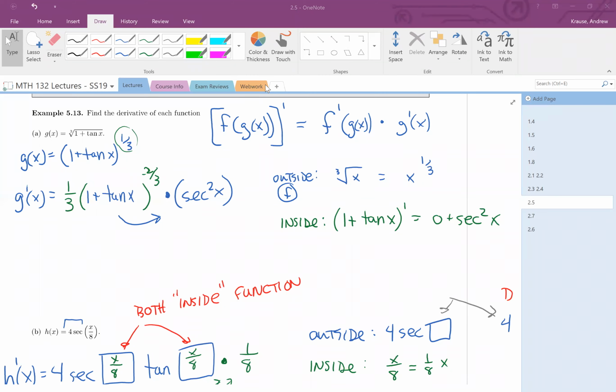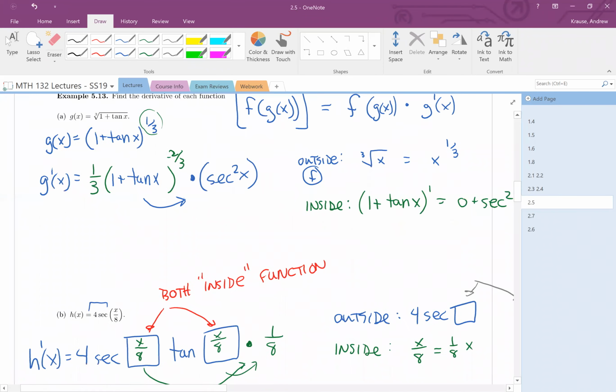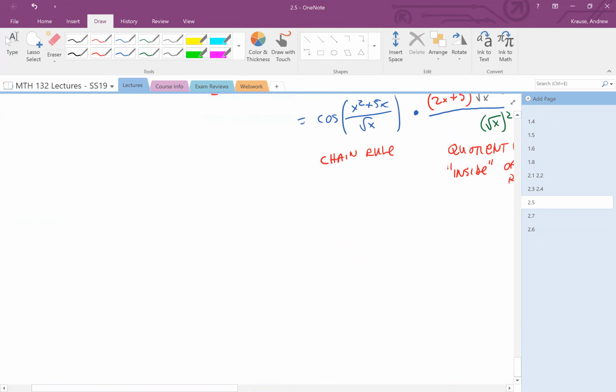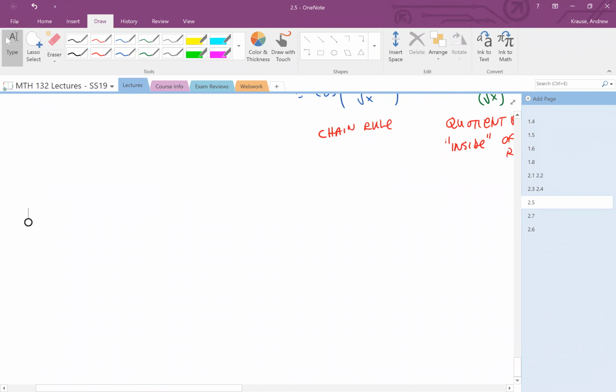I'm willing to hang around for another half an hour or so if you just want to work on some web work, and I can answer some questions. But let's take a look at this problem first. So scroll down here to the bottom. This is web work 2.5, number 7. Alrighty, so on here, let's grab a screen clipping real quick.